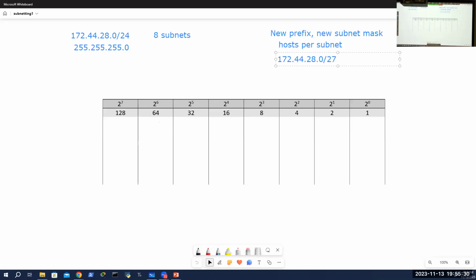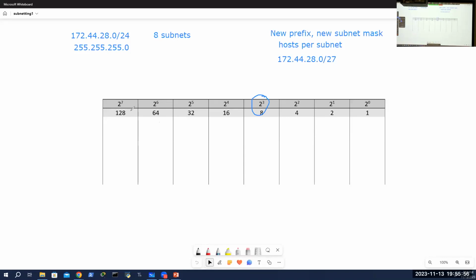So you got that by what? We needed 8 subnets, so we have to look in our table and see what power of 2 gives us 8. Right there. So that 3 in the 2 to the cubed is the key. So we need 3 bits.